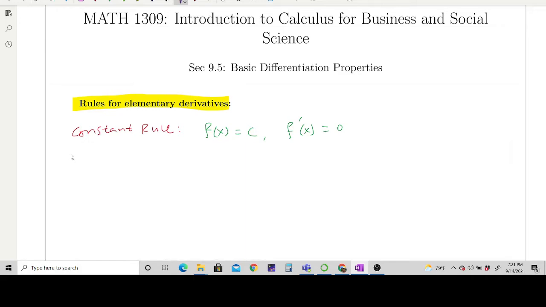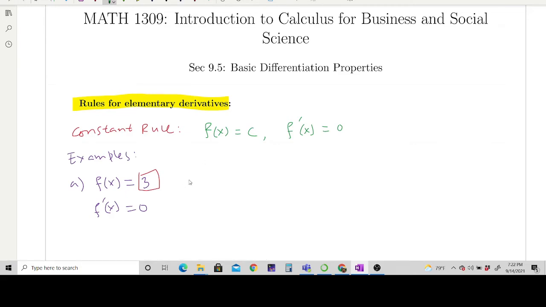For example, let's look at some examples. A, if f of x equals 3, then the derivative of this function equals 0 because 3 is a constant. This 3 is a constant, so the derivative of 3 is 0.